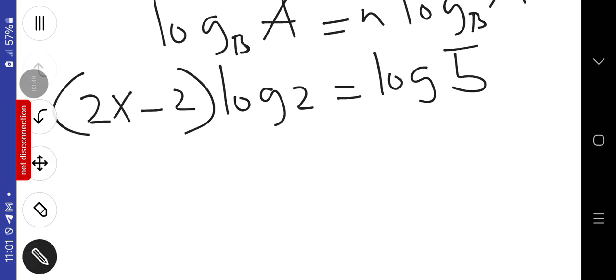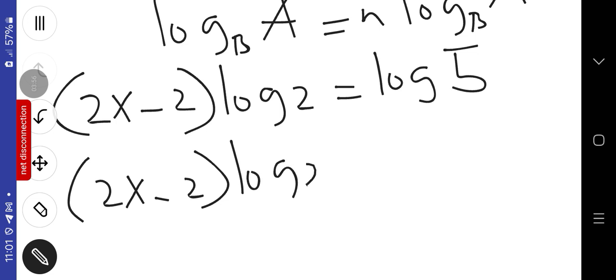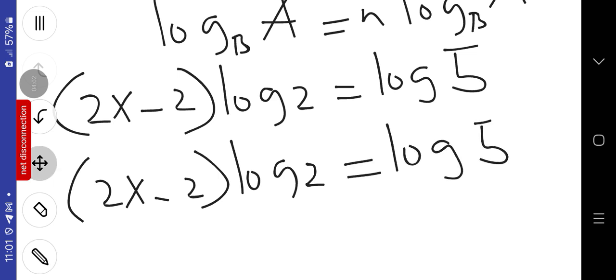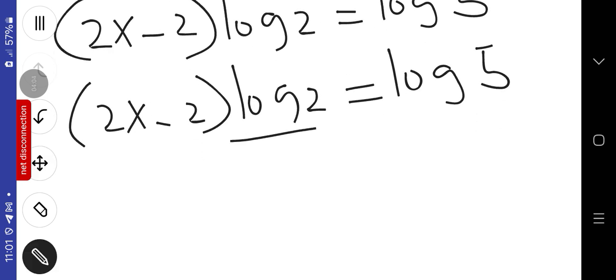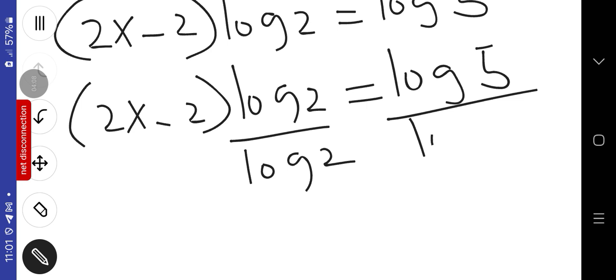So you're going to have 2x minus 2, multiplying log 2, is equal to log 5. Here we divide here by log 2, here by log 2.